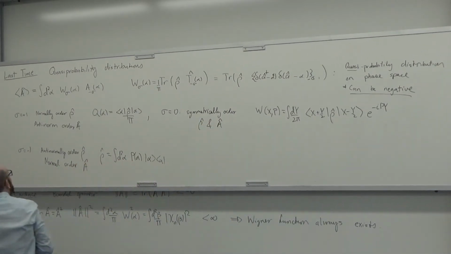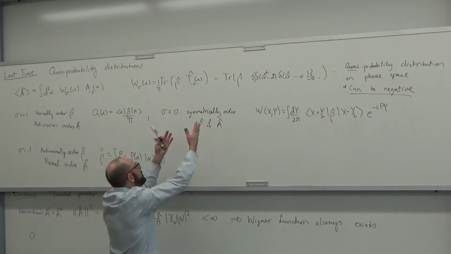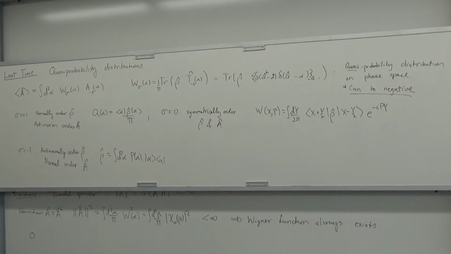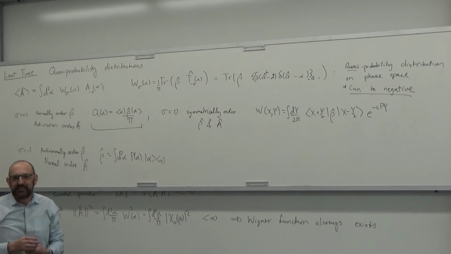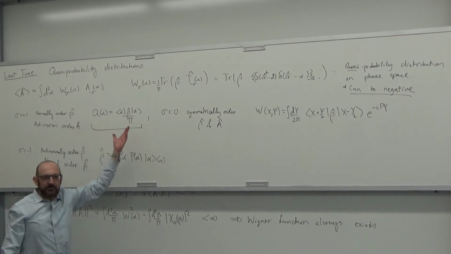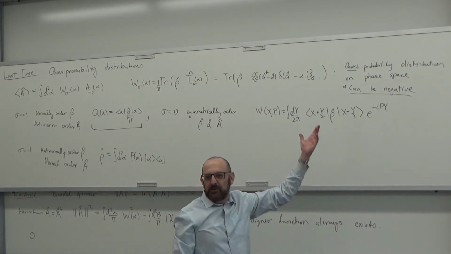So, in certain cases, as we've shown, this thing reduces to a simpler expression. The Husimi distribution is, in some sense, the easiest thing to calculate. You just have to calculate the diagonal matrix element of the density operator with respect to a coherent state.